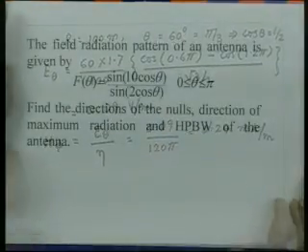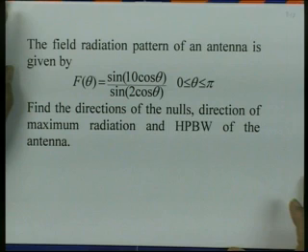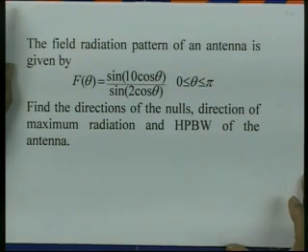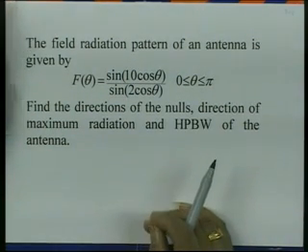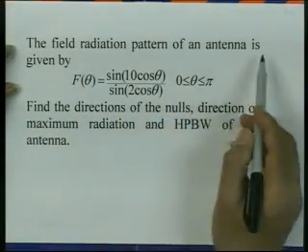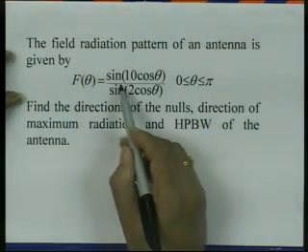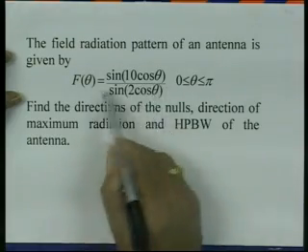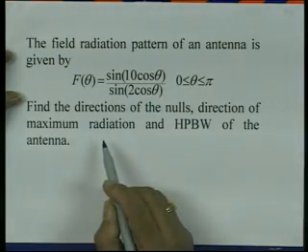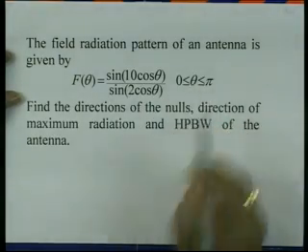Let us now take a general problem for the antenna. The field radiation pattern of an antenna is given by f theta, which is equal to sine of pi cos theta divided by sine of 2 cos theta, where theta varies from 0 to pi.